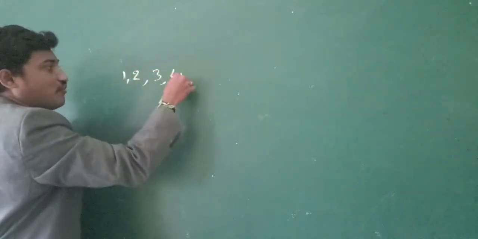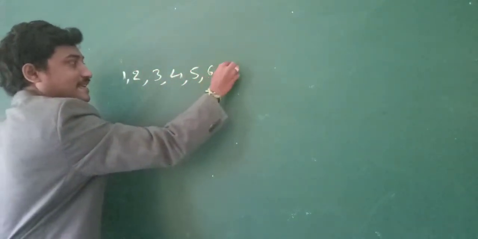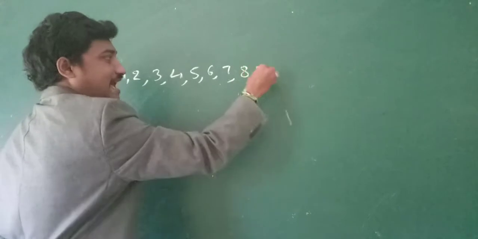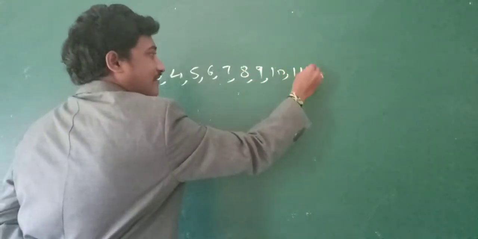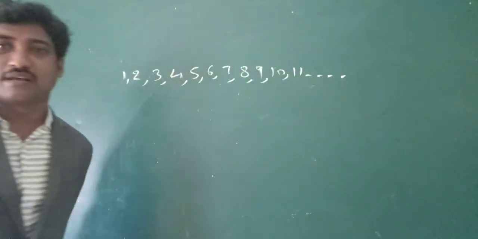Let me write natural numbers. We have natural numbers 1, 2, 3, 4, 5, 6, 7, 8, 9, 10, 11 and so on.